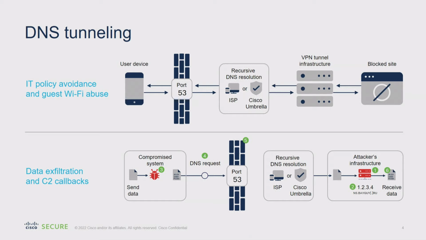However, what we worry about as the network owner is something like IT policy avoidance, guest Wi-Fi abuse, or some similar activities. But what is even more important is that we witness an increase in the use of this technique by multiple threat actors in the ransomware space. They were involved in high-profile attacks, including supply chain compromise, as well as ransomware.